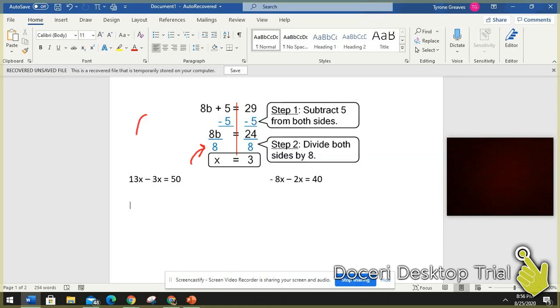So let's look at the next example to our left. 13x minus 3x equals 50. Well, do we have anything to combine? On the left side, we have 13x, and then we have negative 3x. Those two terms are alike because they both share the variable x with the same exponent. They have different signs, and when we have different signs, we subtract.